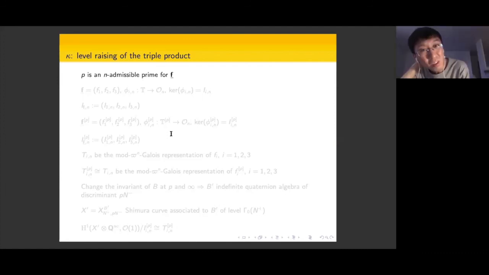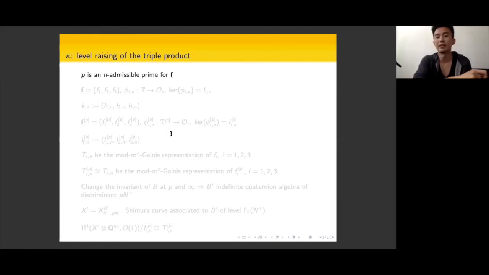But the stabilizations are old forms, right? No, but what I'm saying is that one of the level raisings would have UP eigenvalue 1 and the other one would have UP eigenvalue P, for example. Is that not possible?